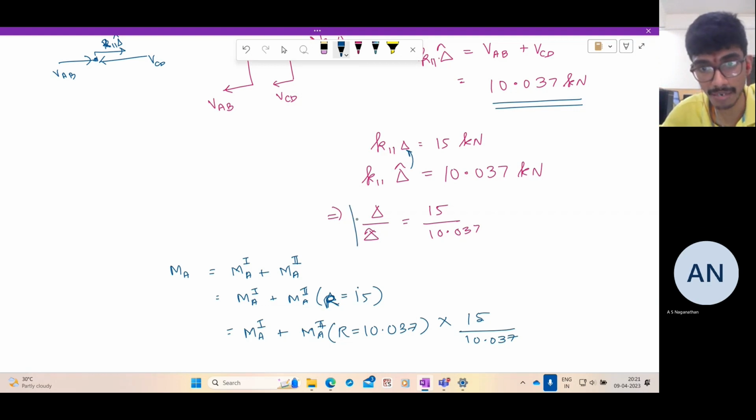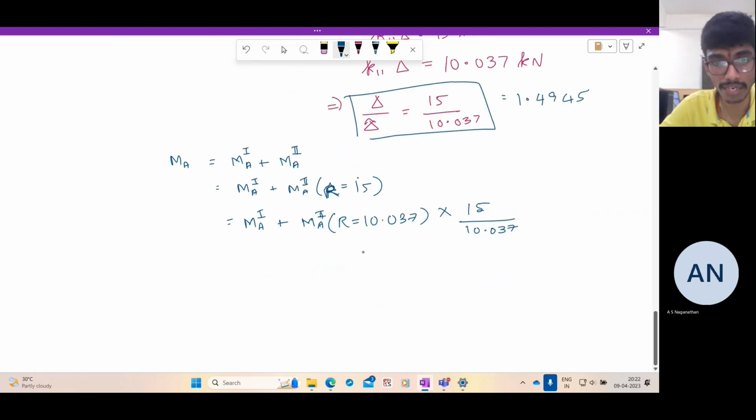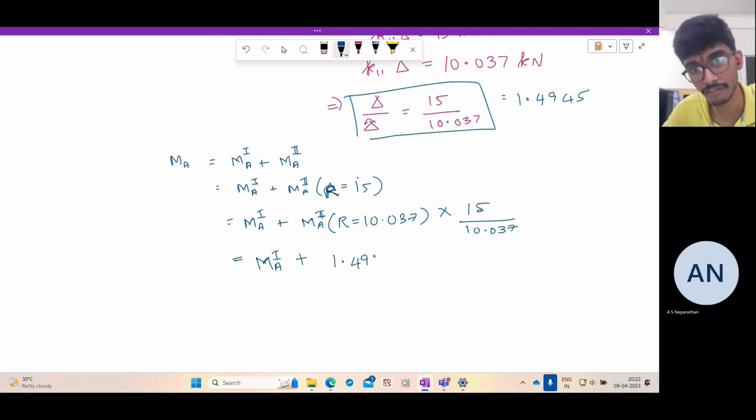The ratio of delta by delta cap is equal to 1.4944. So the moment at A is a superposition of the moment at A in problem 1 plus 1.4945 times the moment at A in problem 2.